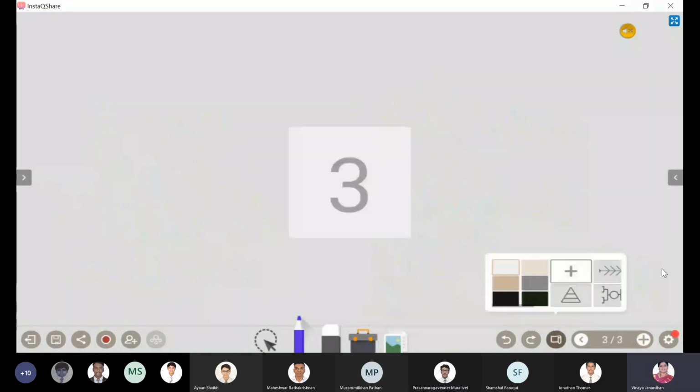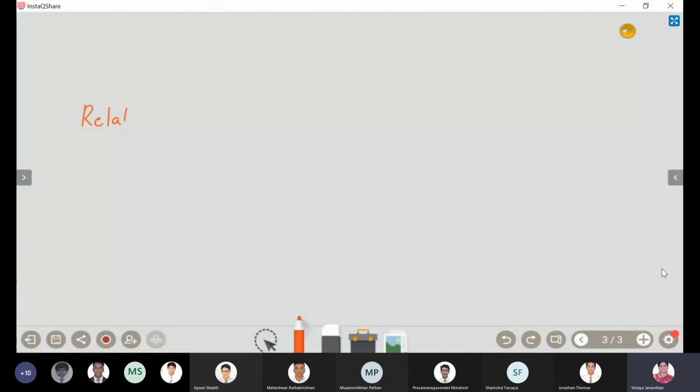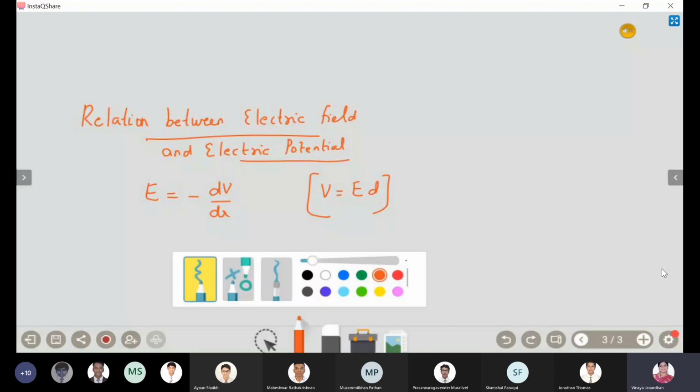Yes, ma'am. This is the relation between electric field and electric potential. E is equal to minus dV by dr. Recently, one 12th grade question was from this.